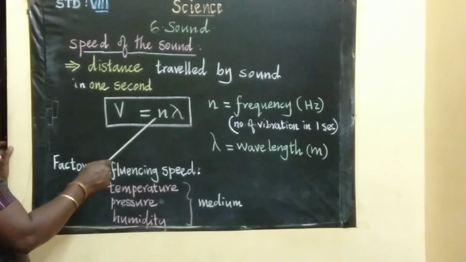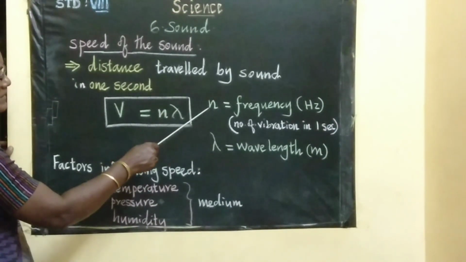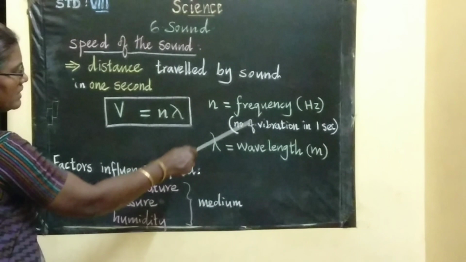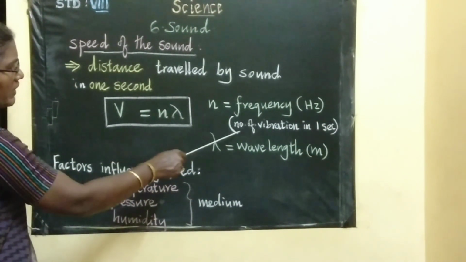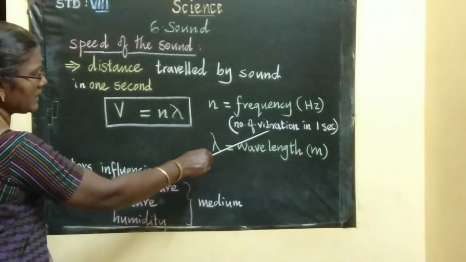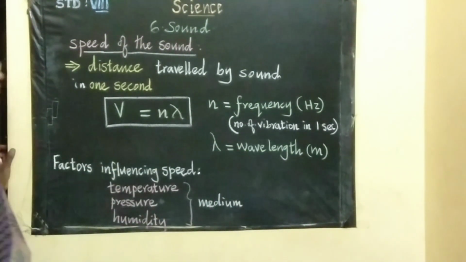In this expression, n is denoted by the frequency. What is frequency? Frequency means the number of vibrations made by the object in 1 second.